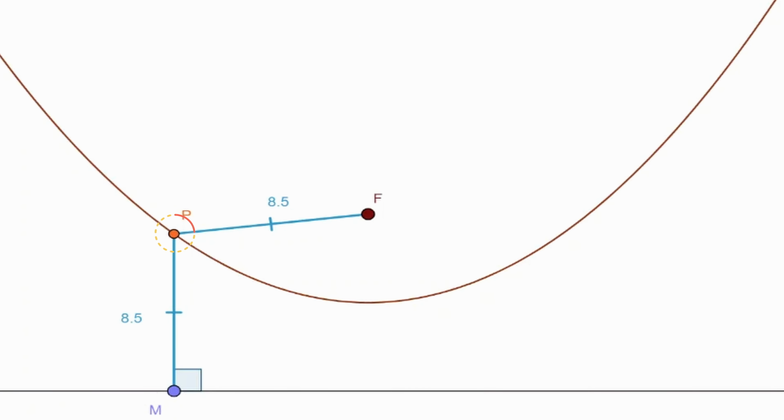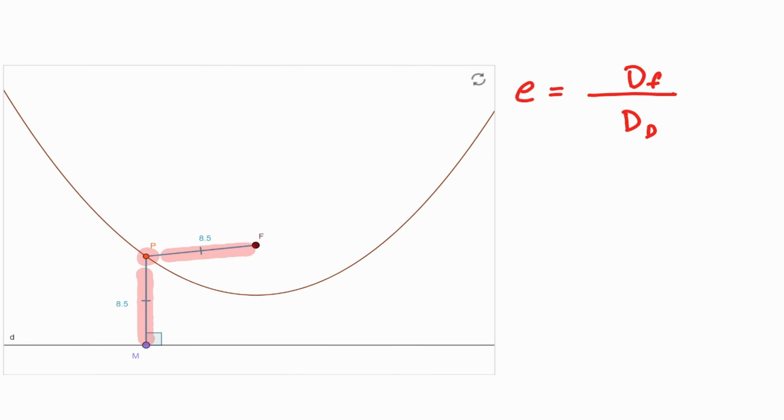So how do we use this point right here? Well, notice that the distance that this point has to the focus is 8.5. And the distance that it has to the directrix is also 8.5. So the eccentricity of this parabola is 8.5 divided by 8.5, which is equal to 1.